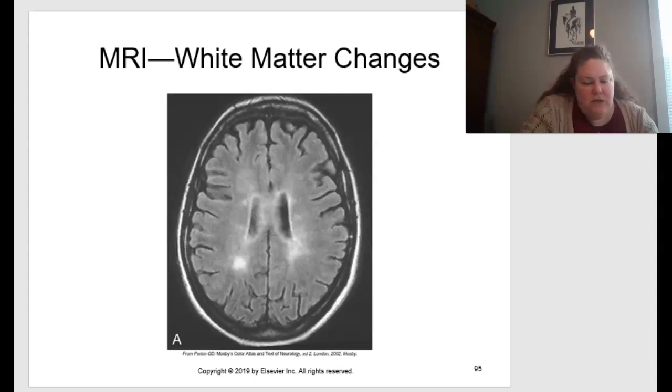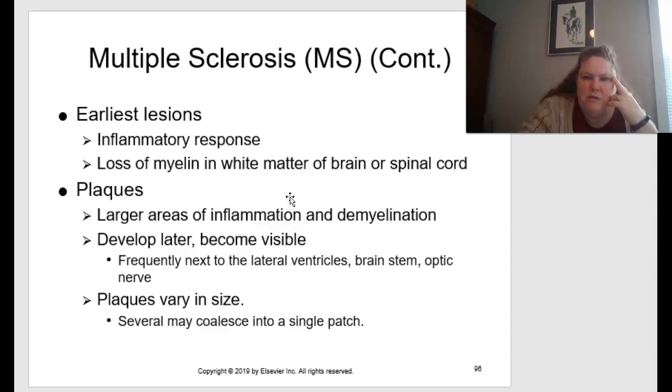So this is figure 14.28 in your book on page 370, and this shows typical white matter changes around the ventricles that are shown in this MRI. So normally we don't have this super dense area of white matter here. It's more subdued, right? So that's definitely a change that would occur in white matter.